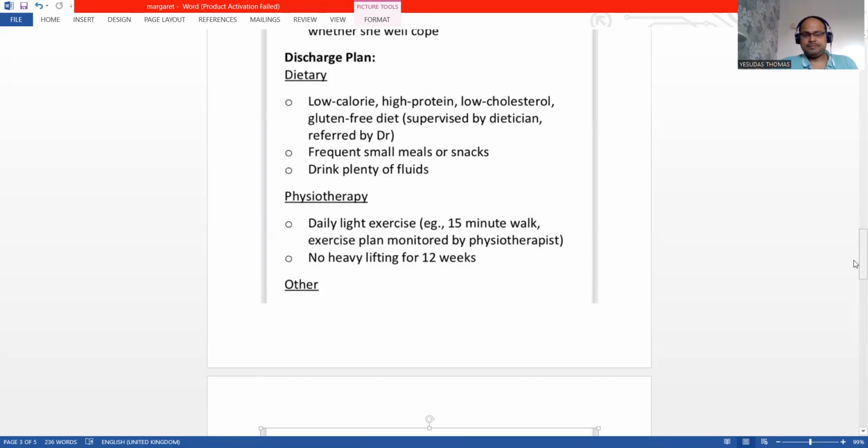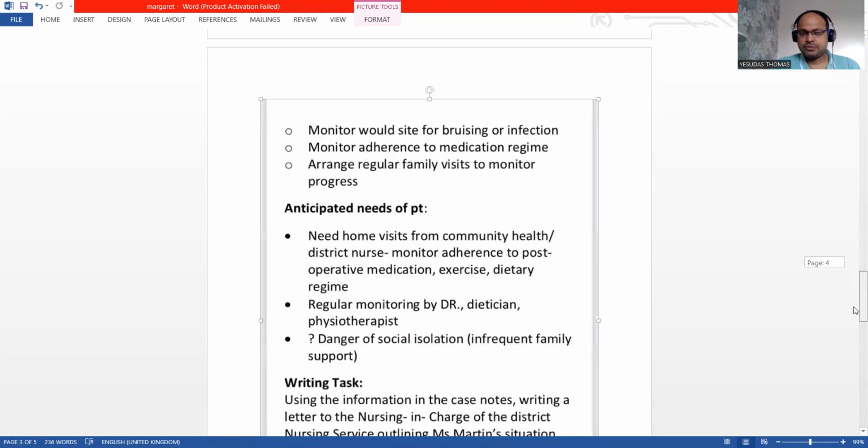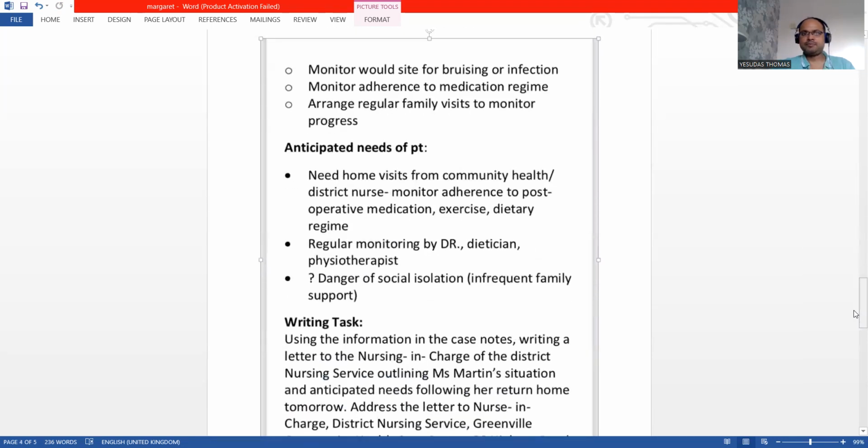Now, physiotherapy: daily light exercise plan monitored by the physiotherapist. No heavy lifting for 12 weeks. We don't need to include this heavy lifting because the patient is aged and she's 81, so that is not that relevant. If you want, you can include that, but I don't think there will be space because the letter becomes too lengthy.